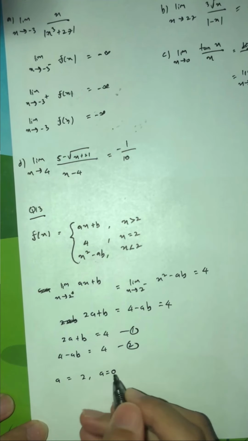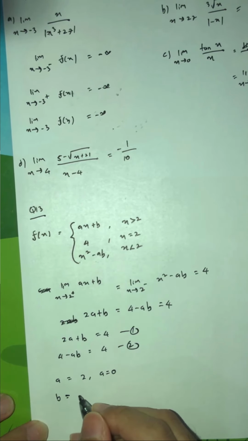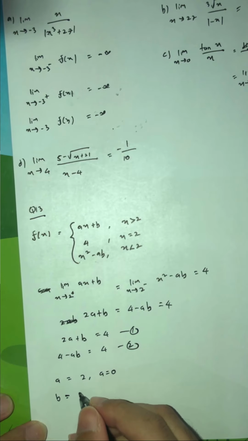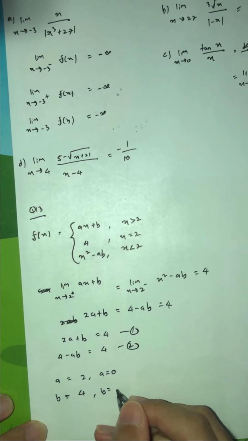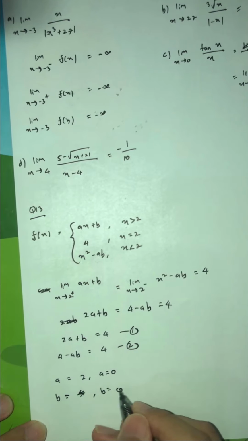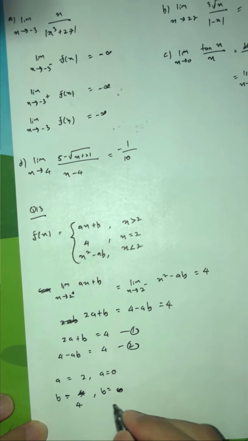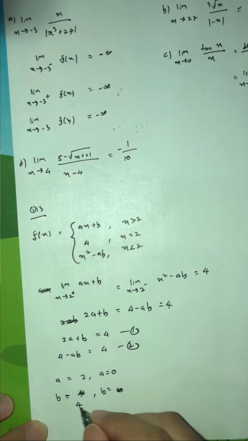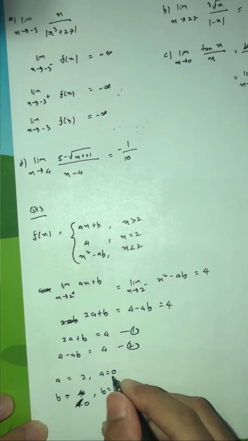Also, there are two a values, so there will be two b values as well, right? So b is equal to 0 at a equal to 2 and b equal to 4 at a equal to 0.